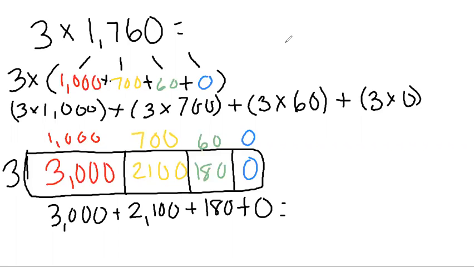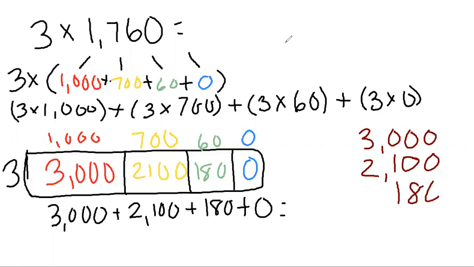It always helps me to write them vertically so I can line my place values up. I'm going to add my 0 in. You don't necessarily have to, but I like to for the place value order. And add.